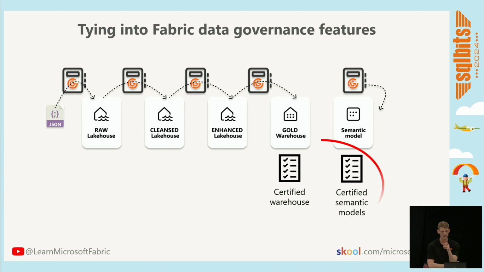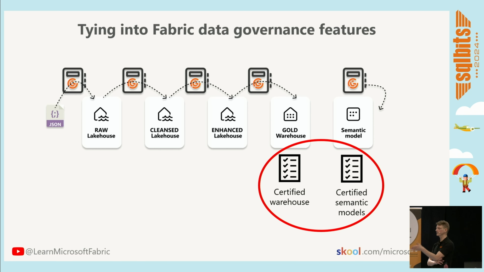So what you could do is certify that gold lakehouse, so that people in your business know these are the data quality checks that have happened to that data set up until this point. We're going to certify it, so anything you see in that warehouse has a stamp of approval, and you can use it for any sort of semantic modeling in your business. You can do the same for semantic models: you might want to only certify semantic models that have been validated and are validated every time they refresh.